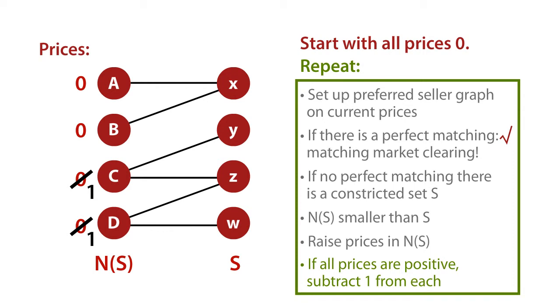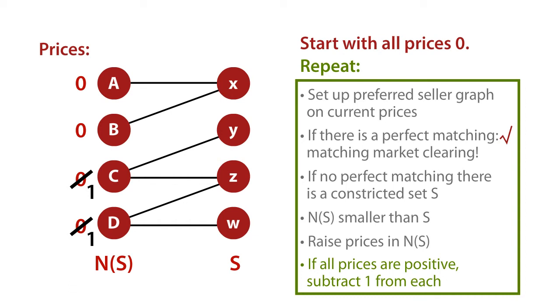So where we are now, we have an algorithm. It consists of raising prices when there are constricted sets and occasionally lowering prices if every price went positive and we're worried that they're rising too high. The only way this algorithm can end is if we find a perfect matching. Otherwise, either we raise prices because of a constricted set or lower prices because everything goes positive. There's one more issue you need to worry about, however.